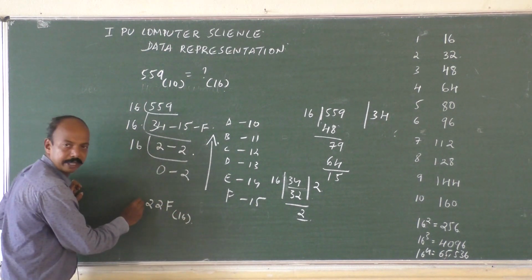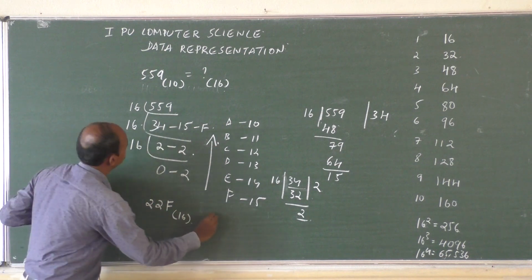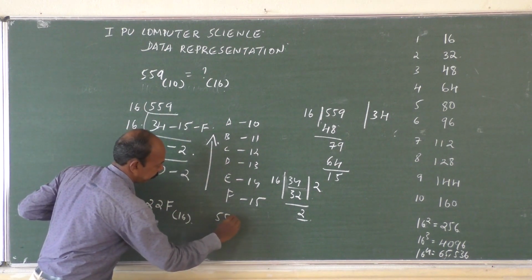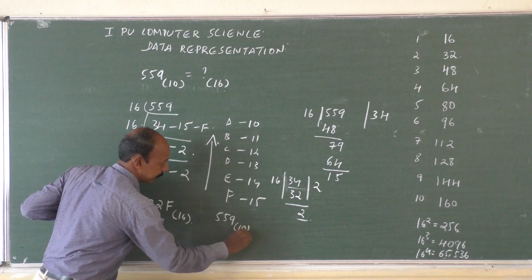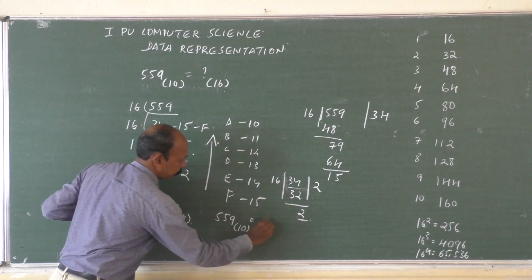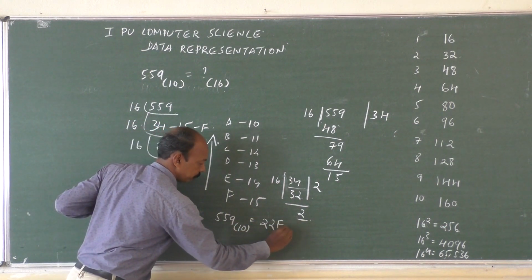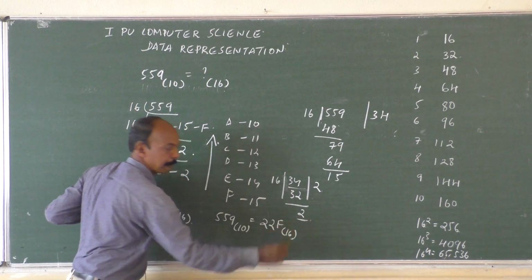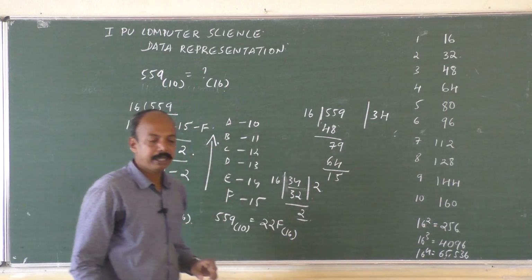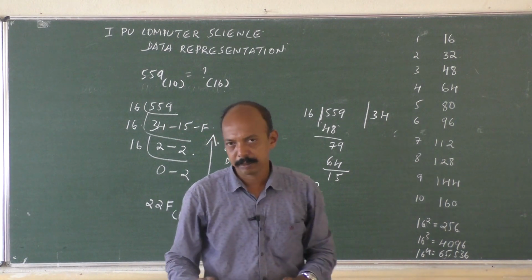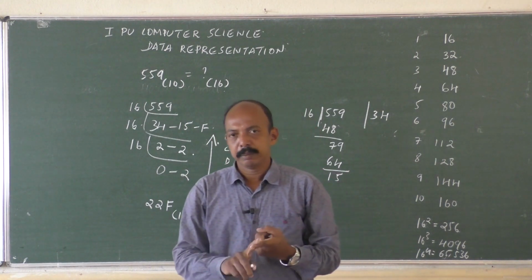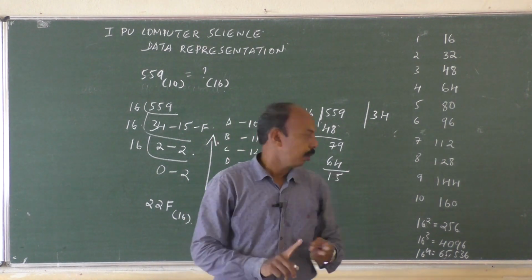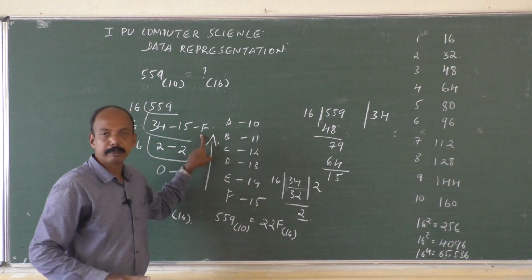That's why what we can write here is 559 to the base 10 is equal to 22F to the base 16. Compared to the conversion of other numbers like decimal to binary and decimal to octal, only this is the point that we need to remember.